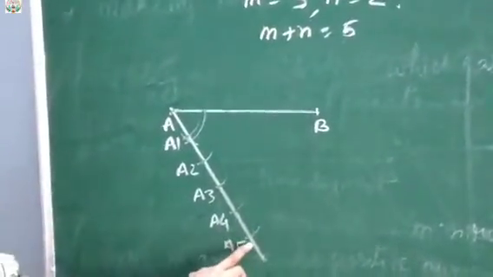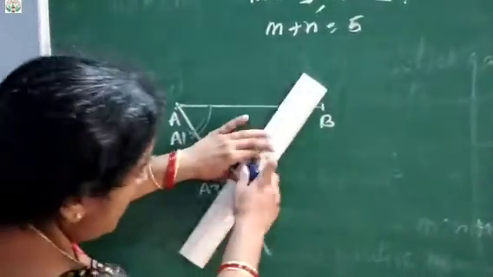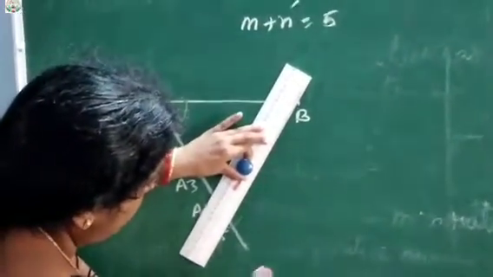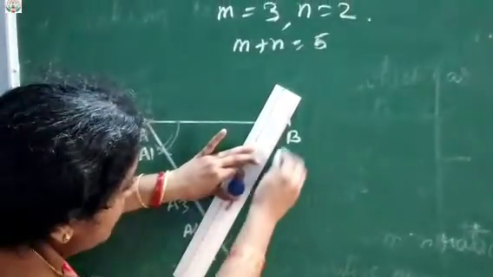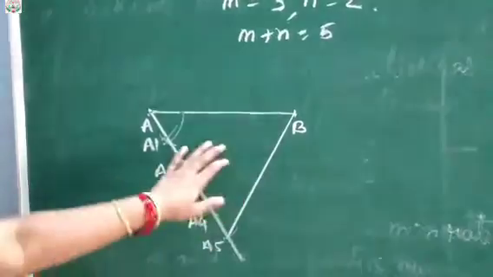Now what is your aim? Join A5 to B, like this.